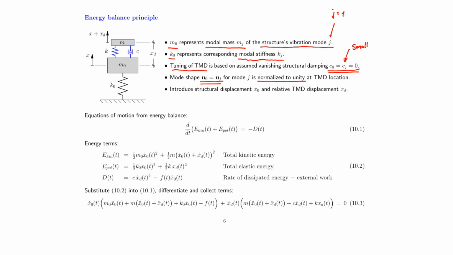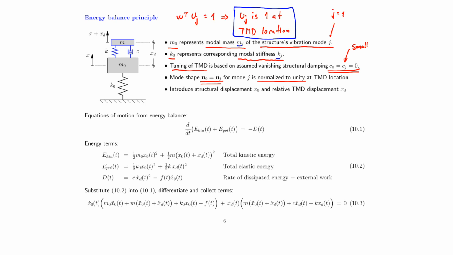So we have that Uj multiplied by some kind of connectivity vector is equal to 1. And that's the mathematics, but Uj is 1 at the TMD location. This is simply the normalization that we need to find the representative modal mass and modal stiffness.